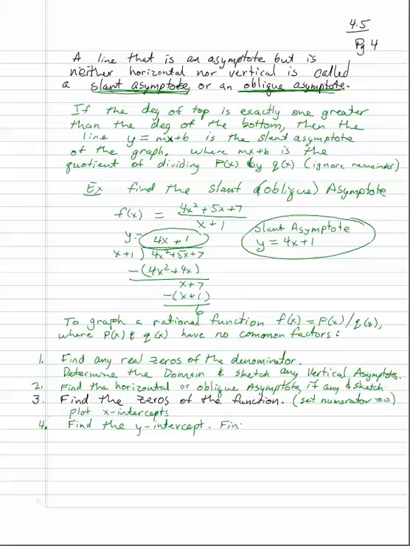Basically I'm saying find f of 0, right? You plug in 0 for the x to find the y. So you're going to plot (0, f of 0). That's your y-intercept. And then the last step is you're going to find other function values to get you the shape and then sketch it.